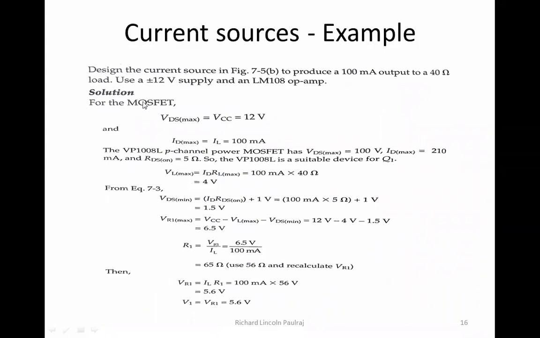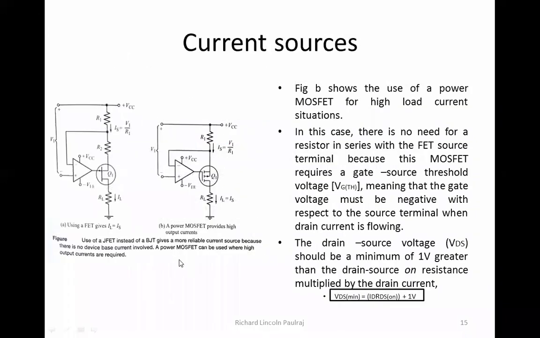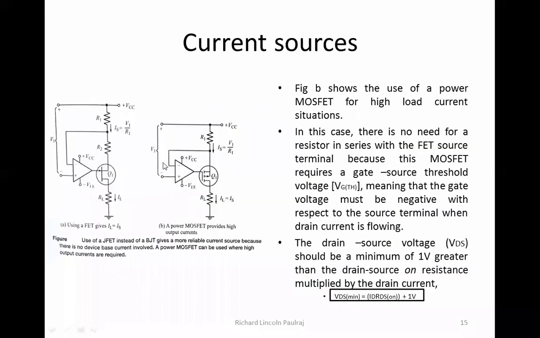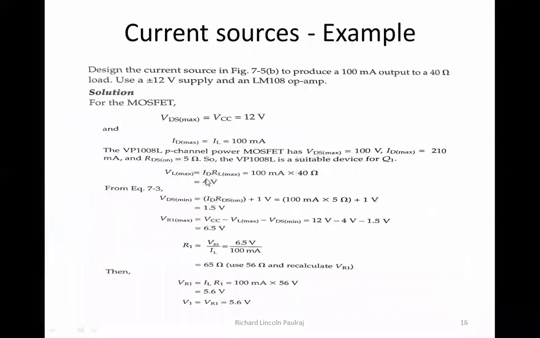We're going to use the figure which we had used previously, this D figure, to produce a 100 milliamp output to a 40 ohm load, using a supply of plus or minus 12 volts. Here we're not going to use 741, but a different op-amp code named LM108.